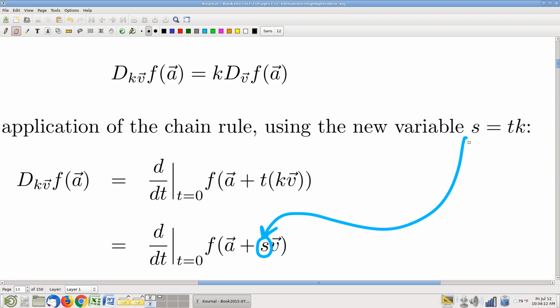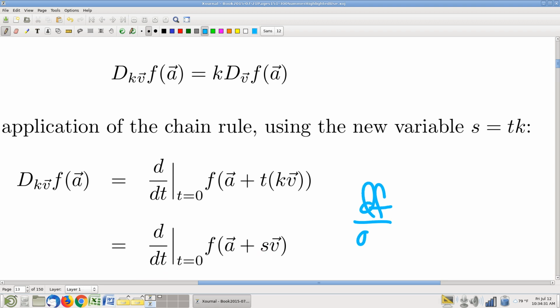Okay. And let's see what we got here. We're taking the derivative with respect to t of what is more visibly a function of s. And I remind you of the single variable chain rule. The single variable chain rule says df/dt is equal to df/ds times ds/dt.